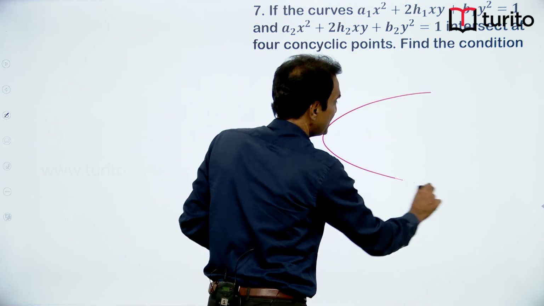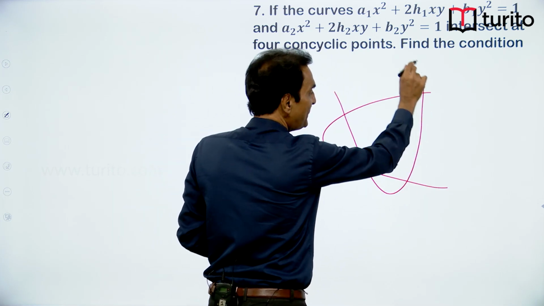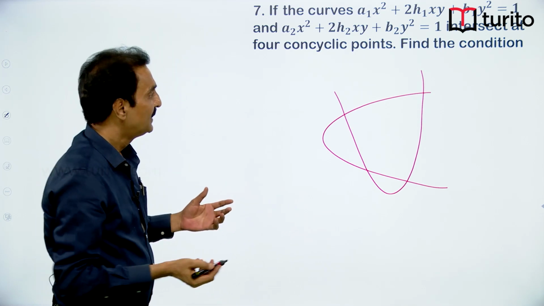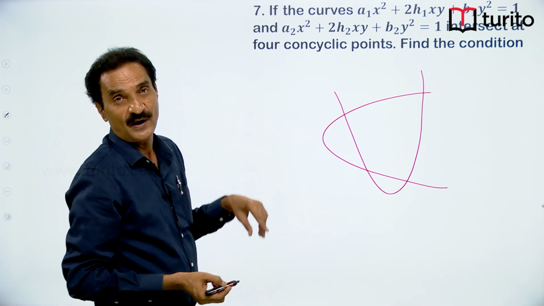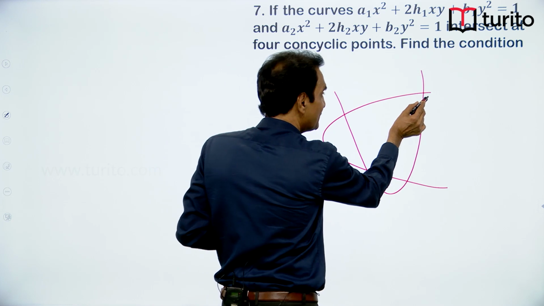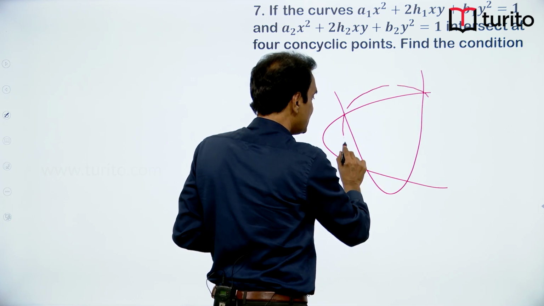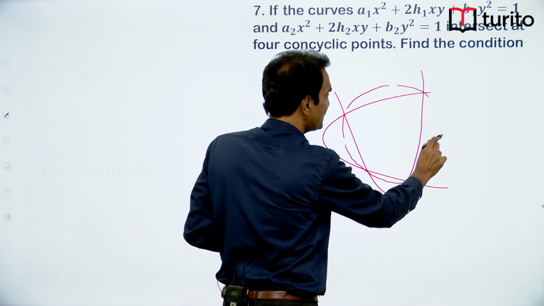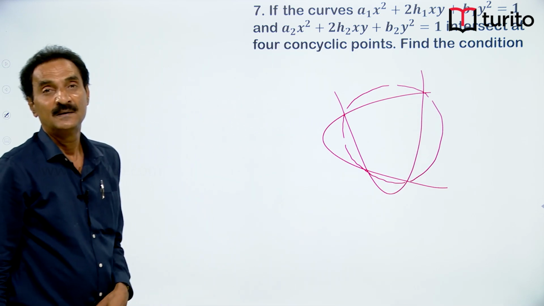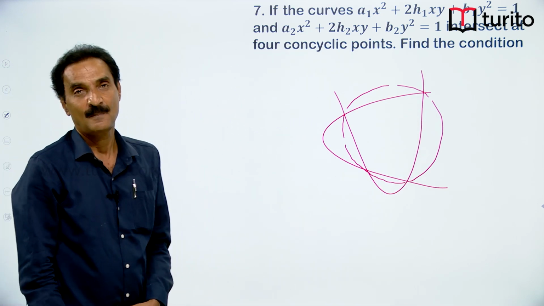Suppose this is one curve, it may be any curve, we do not know, but they intersect at 4 points which are concyclic. A circle passes through these 4 points, right. Then what is the condition?